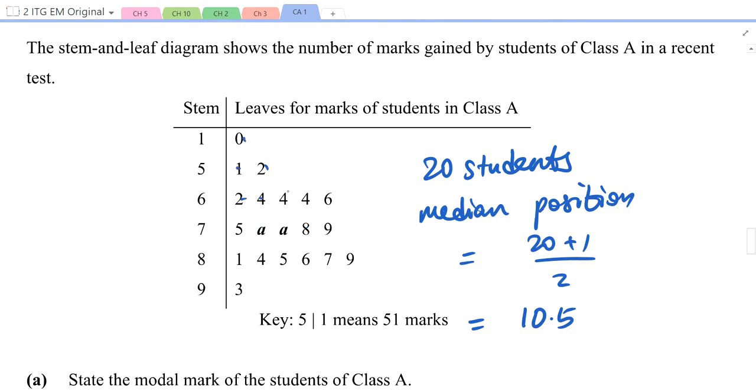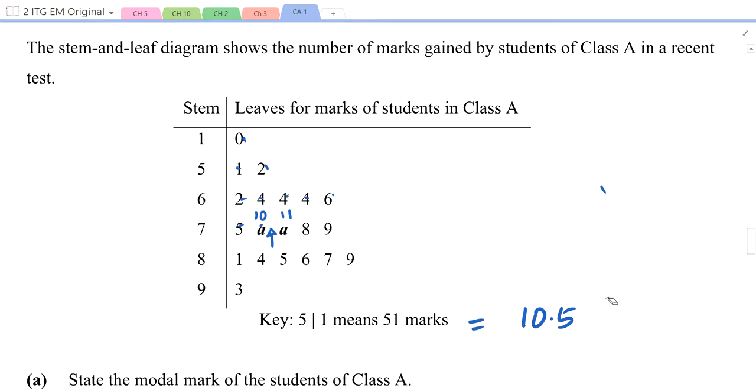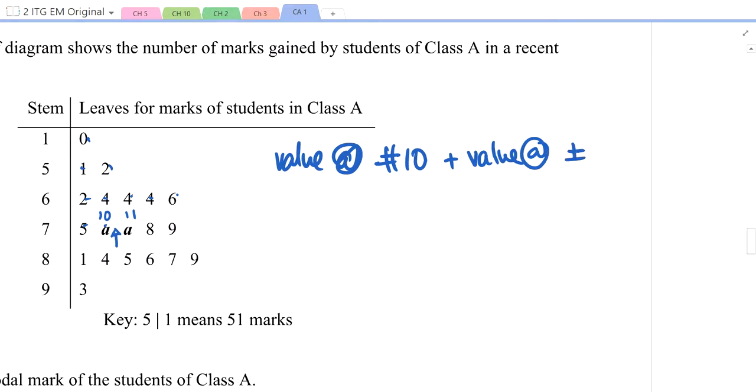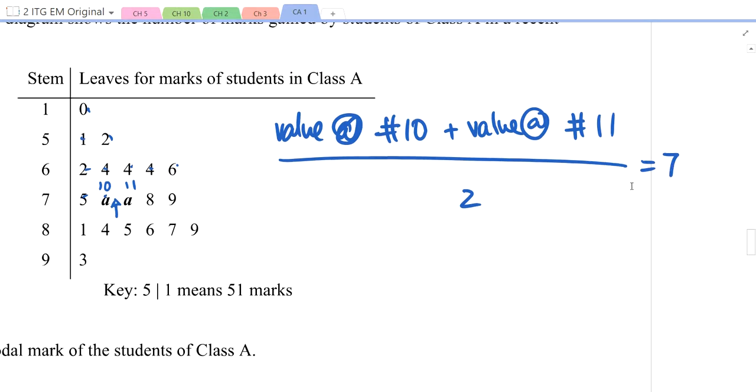1, 2, 3, 4, 5, 6, 7, 8, 9, 10. Okay? So that's position number 10, position number 11. 10.5 must be inside here. What this means is that the value at position number 10 plus the value at position number 11, divided by 2, equals 76.